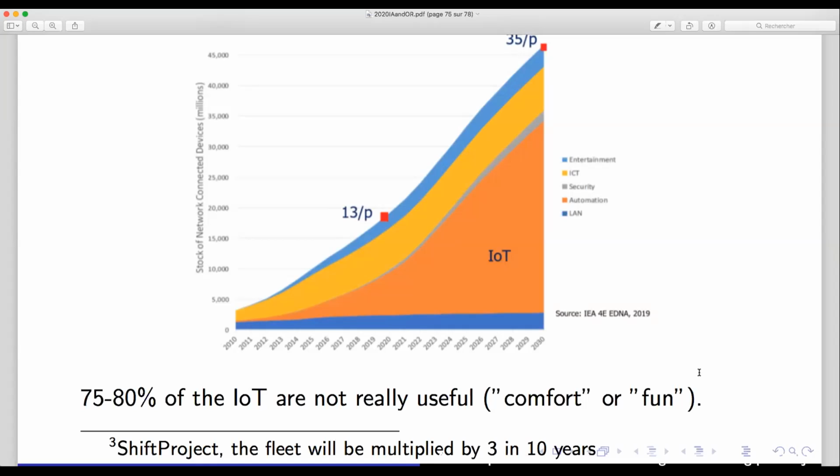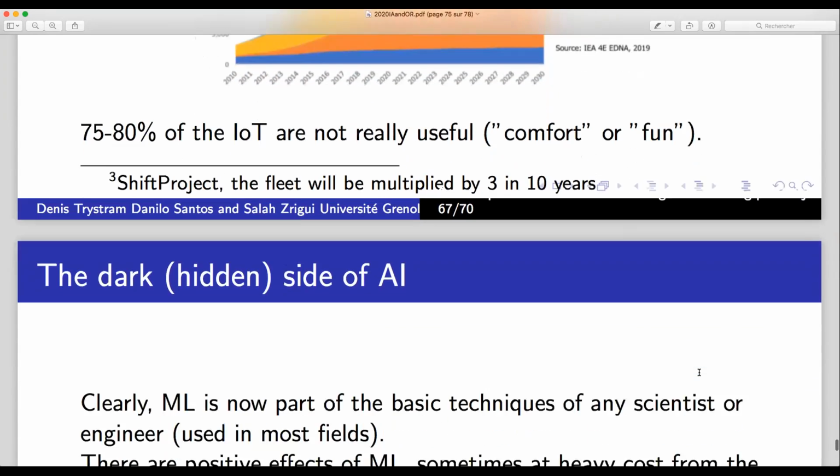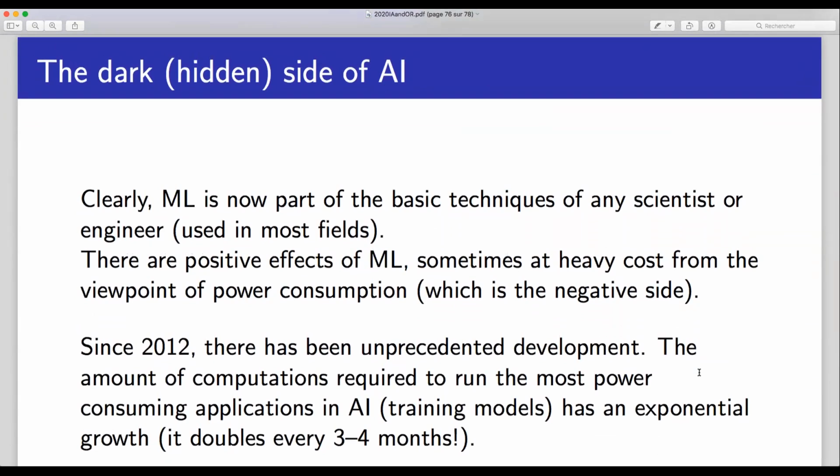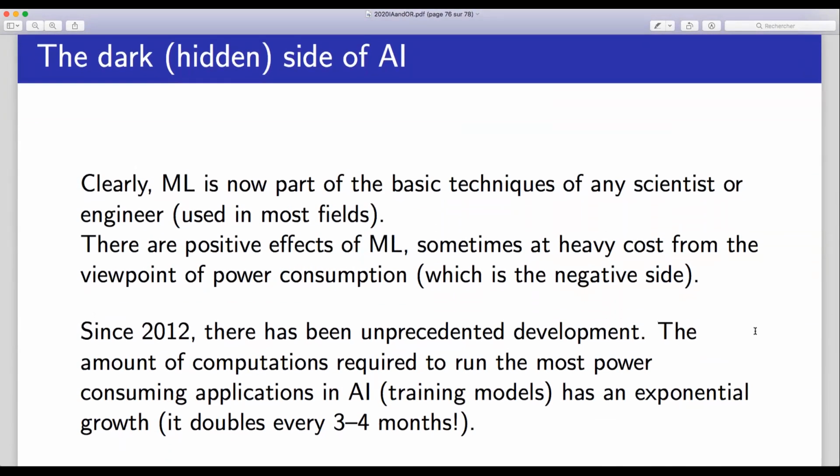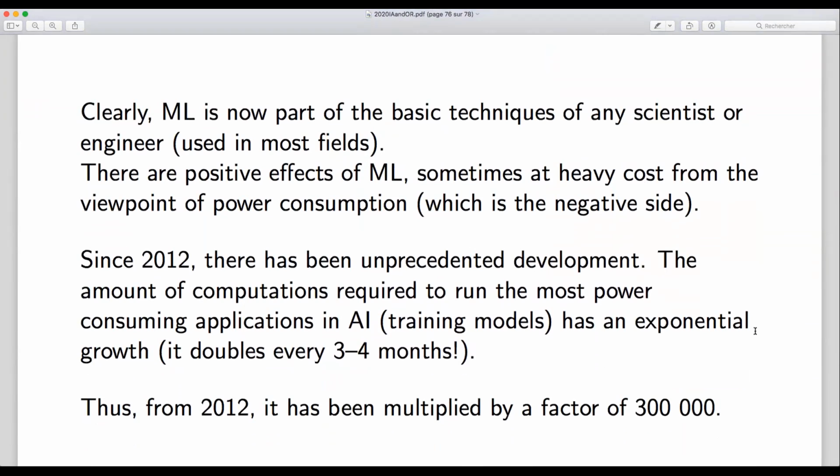And now I'm opening another question about ML, machine learning. This is what I call the dark side of the AI. Again, all these data are coming from recent reports, and they are all converging more or less to the same numbers and conclusions. First, I would like to recall that ML is now obviously a basic technique that everyone should know because it's everywhere.